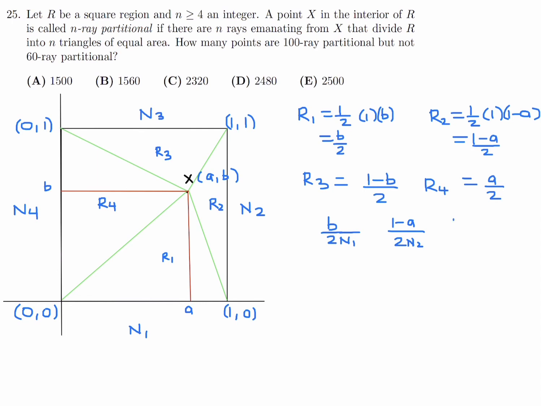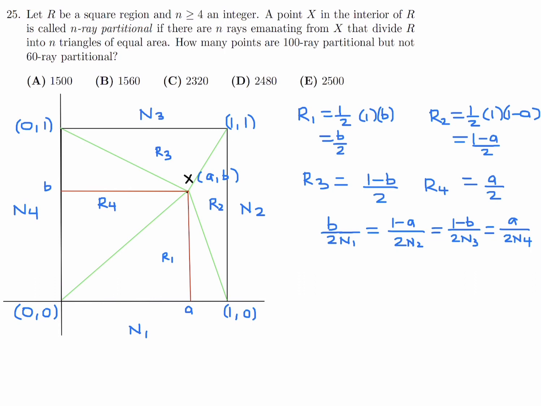And then very similarly for R3, it's (1 minus B) over 2N3. And then for R4, it's A over 2N4. So each of these is equal to each other. So all of these are equal. I hope that makes sense.